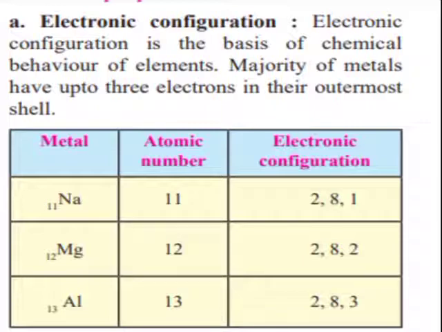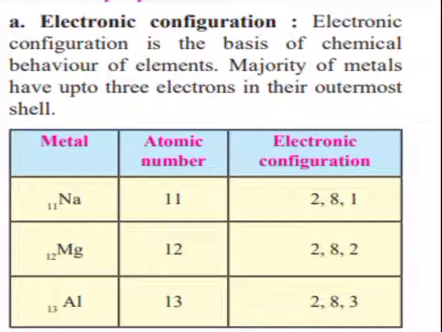Now let's see chemical properties of metals. In that, first we'll see electronic configuration. Electronic configuration is the basis of chemical behavior of elements. The majority of metals have up to 3 electrons in their outermost shell. Let's see a table to get an idea about this.